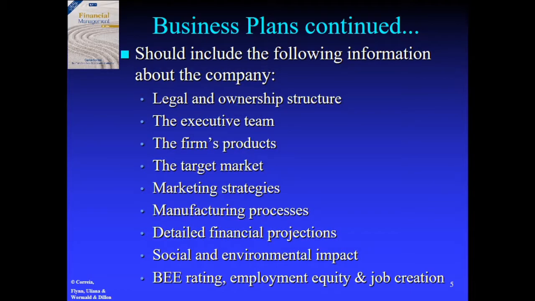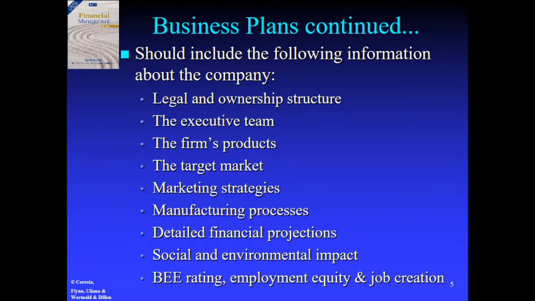So a business plan should include information about the legal and ownership structure of a company, the executive team, the firm's products, and what it deals in. It will also need to include information about the target market and marketing strategies that are used.